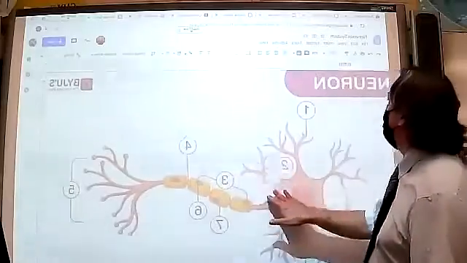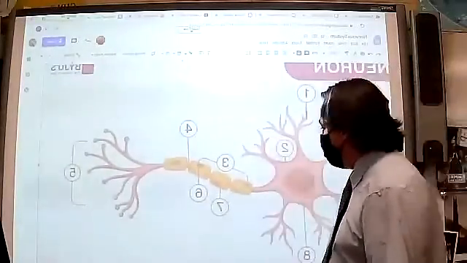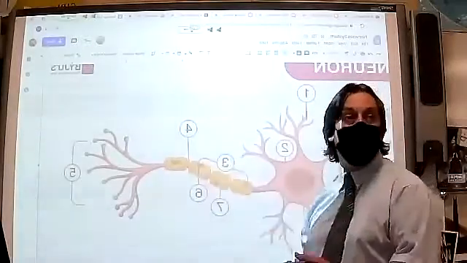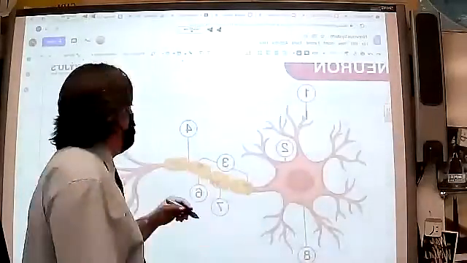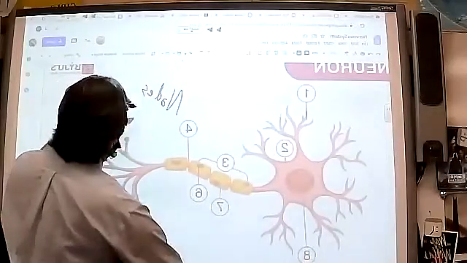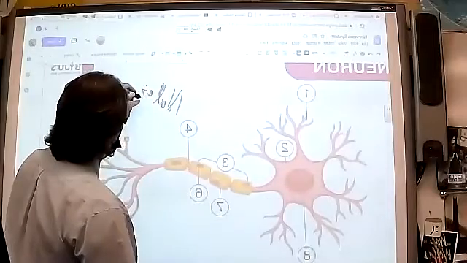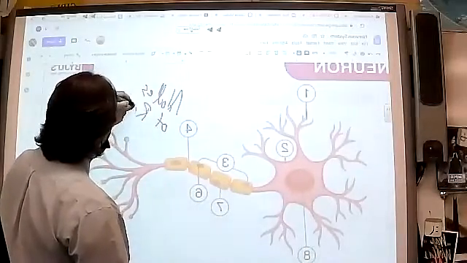These gaps in between, I don't have it written in the notes, so I need you to add it. These gaps in between, number 4, they're called nodes of Ranvier. N-O-D-E-S, of Ranvier.